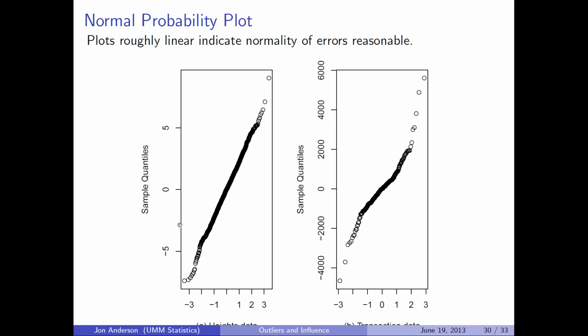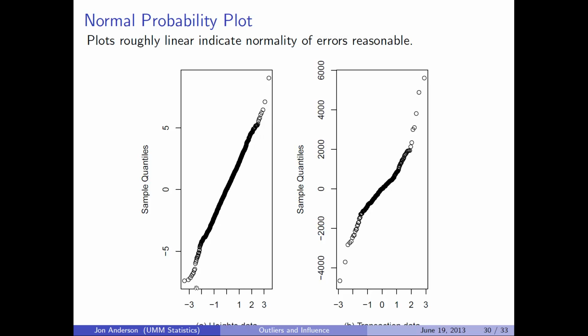This first QQ plot is for the mothers and daughters data, and this second QQ plot is for the transactions data, and a set of residuals that is very normal would tend to be in a very straight line, more like this mothers and daughters.